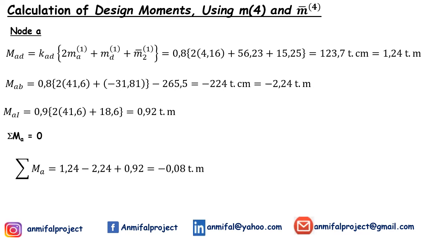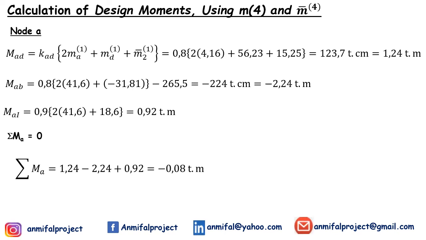In case of node A, we have section ED, section EB, and section E1. We have respectively the moments 1.24 ton meters for MED for section ED, negative 2.24 ton meters for section EB, and 0.92 ton meters for column E1.